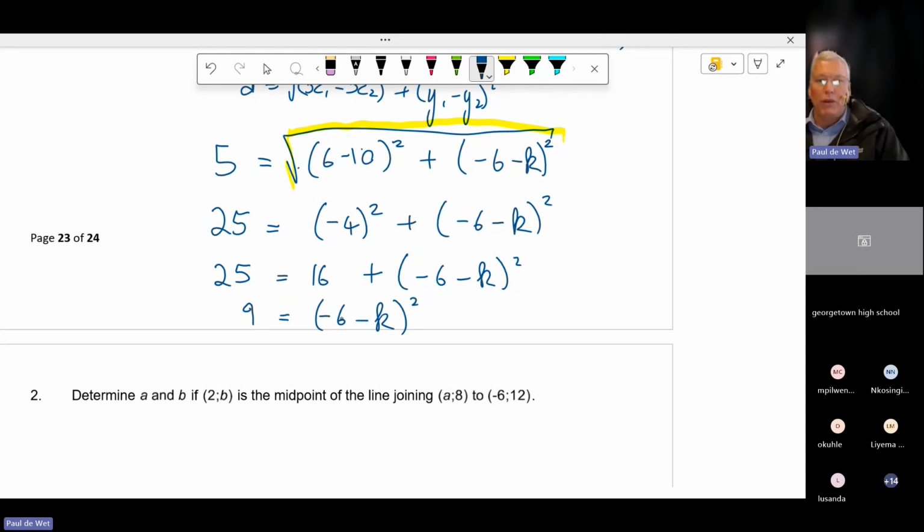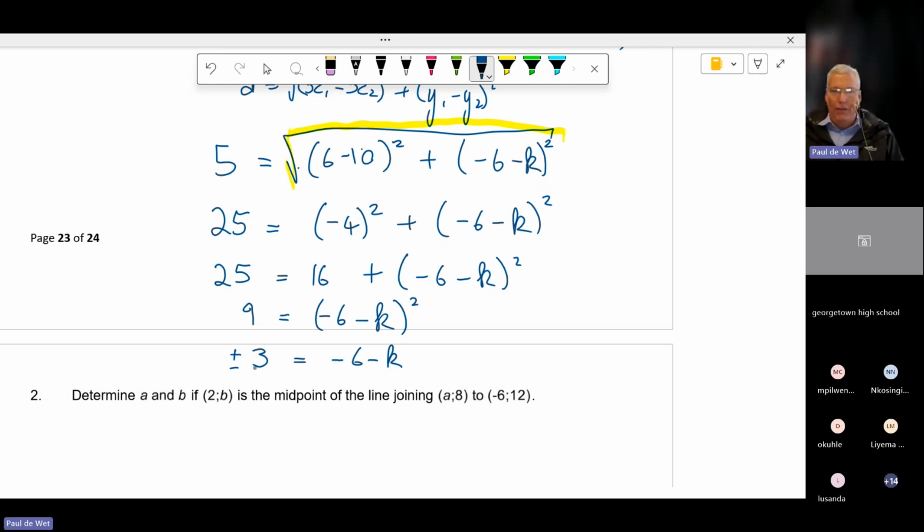One thing we could do is square out the bracket on the right-hand side, collect all our terms, get 0 on one side, and then factorize it. That's not the cleverest way of doing it. If I just square root both sides now, this square will go away, and I'll get minus 6 minus k. What's the square root of 9? 3. Don't forget, when you square root 9, you can also get minus 3.